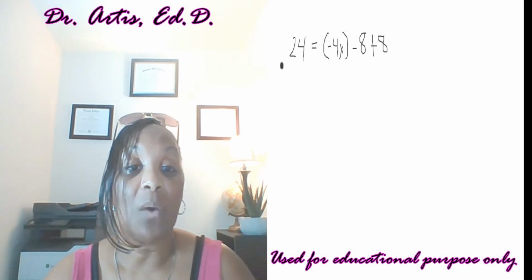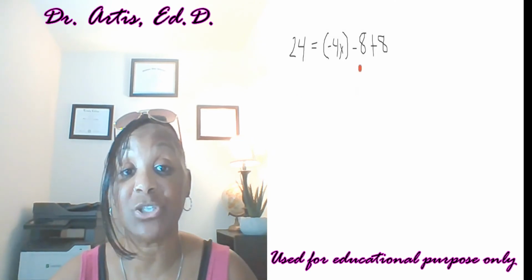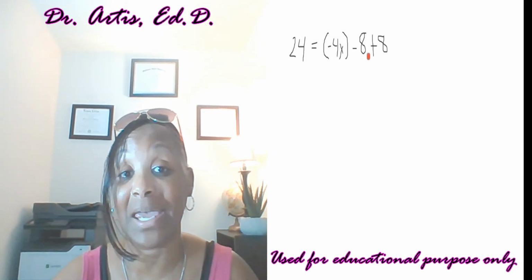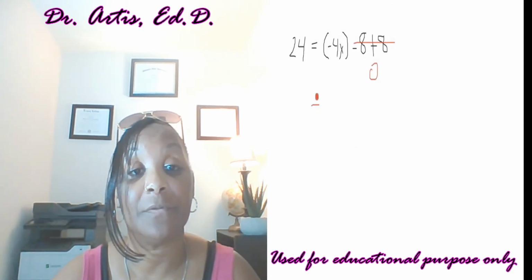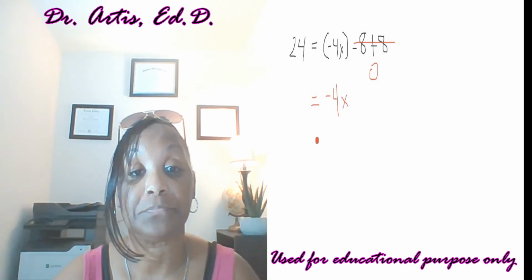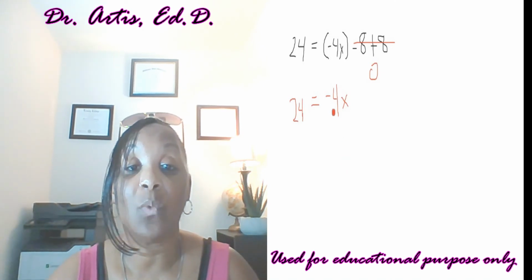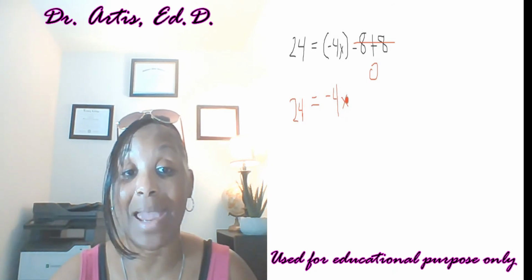Okay? So now when you look at this particular problem, the first thing that should draw your attention is a negative 8 and a positive 8 immediately cancel each other out. That's a 0. Okay? So now we have this negative 4x, and 24. So now we need to get rid of our negative 4 because we need to isolate our x.